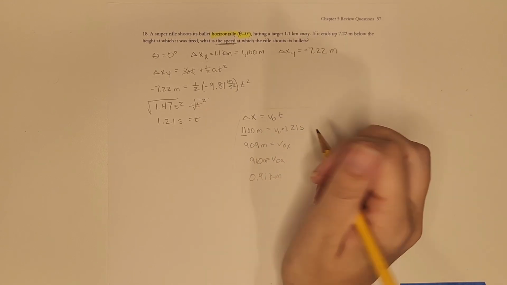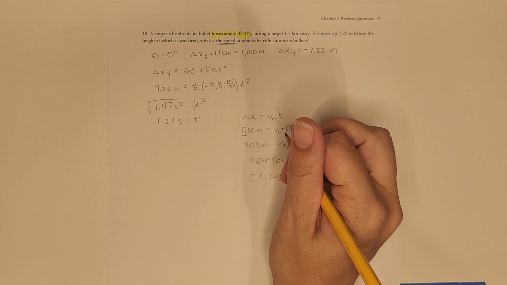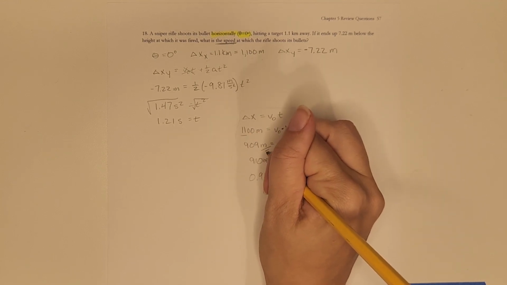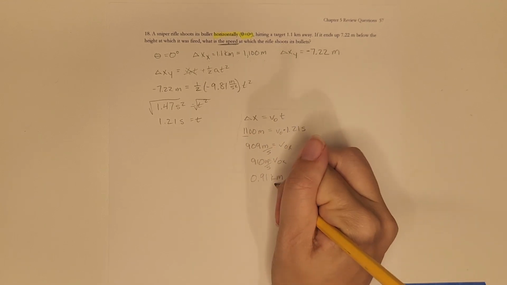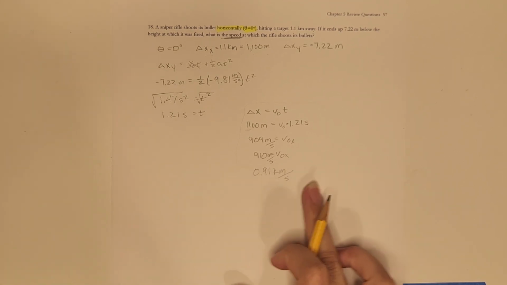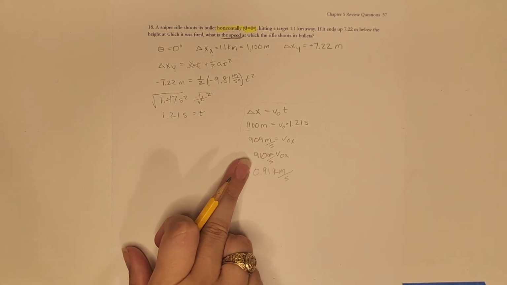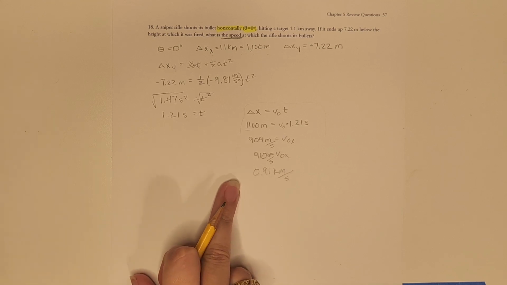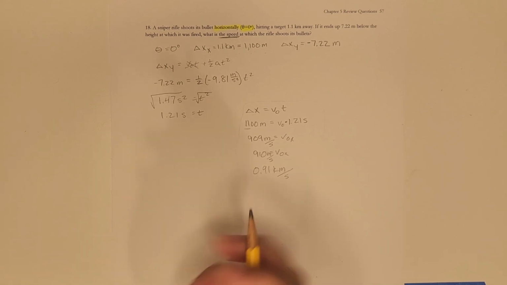I am not putting my right units at all. Okay. So either of these answers is correct, 910 meters per second or 0.91 kilometers per second.